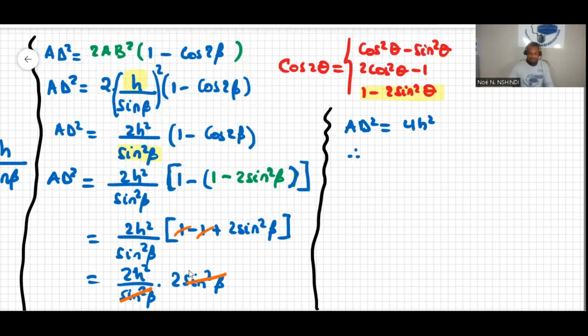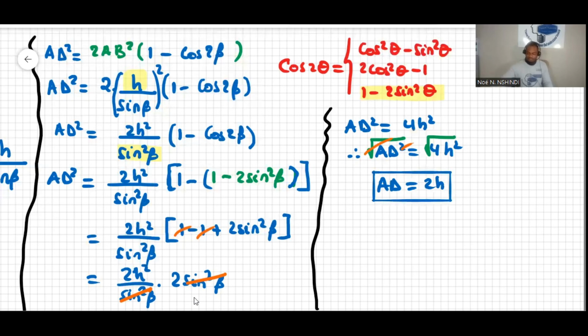Therefore, we can square root both sides to cancel the power of 2, and AD equals 2h. So this is the length AD. Thank you.